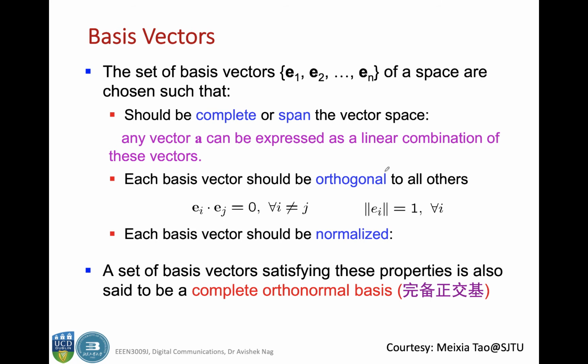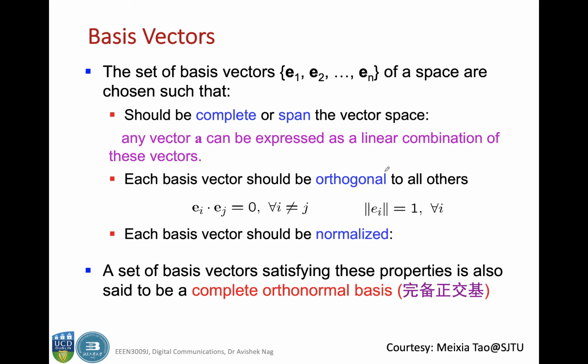So these unit vectors E1, E2, etc., of a vector space are called the basis vectors, and they should follow certain rules. First of all, they should be complete and span the entire vector space.